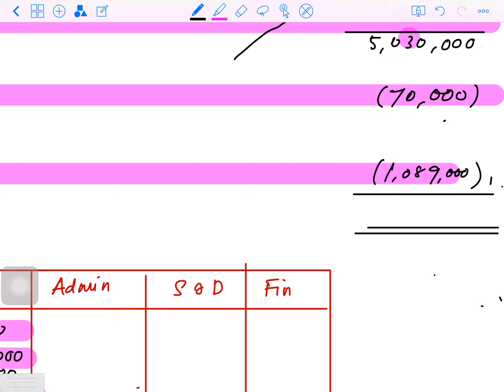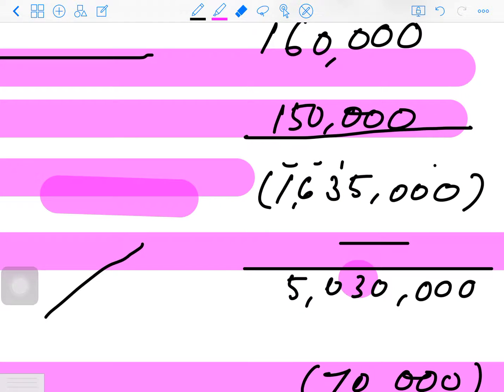Administration cost sepatutnya dapat 1635. We have 3705 plus 160 plus 150, 4015.